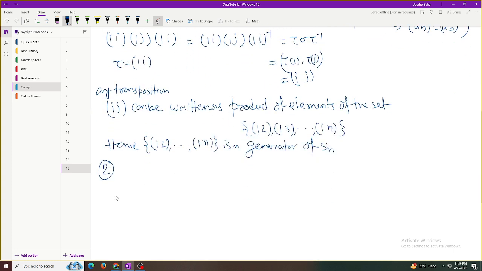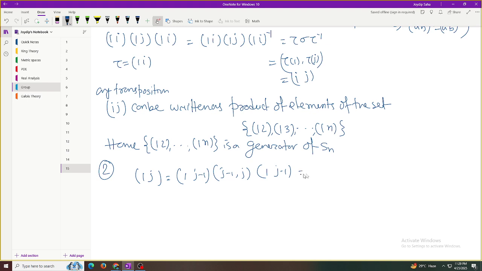Next, now (1 j), this is your (1 j minus 1), (j minus 1 j), (1 j minus 1).